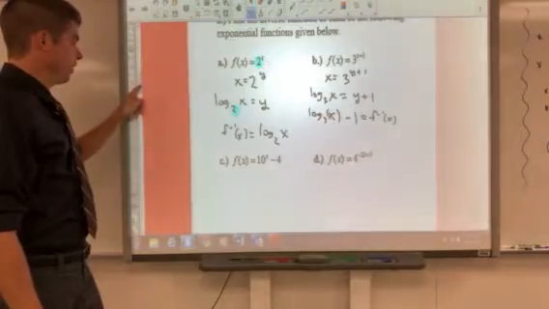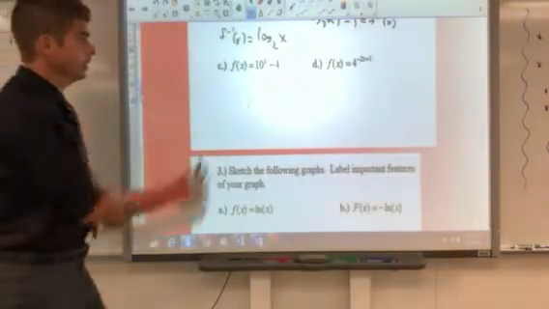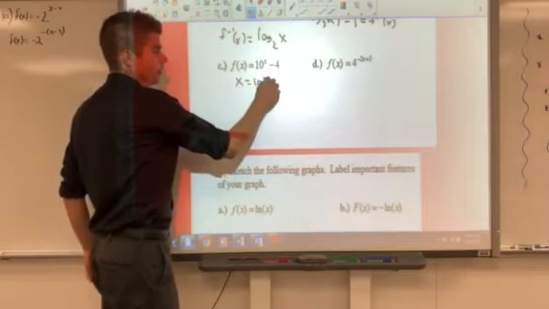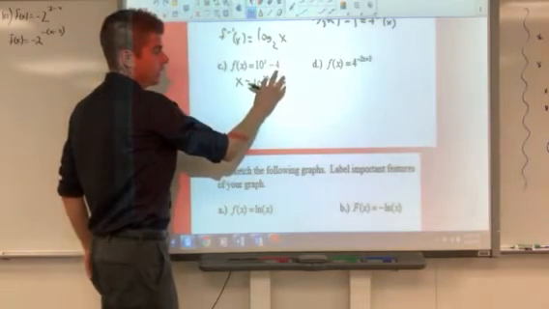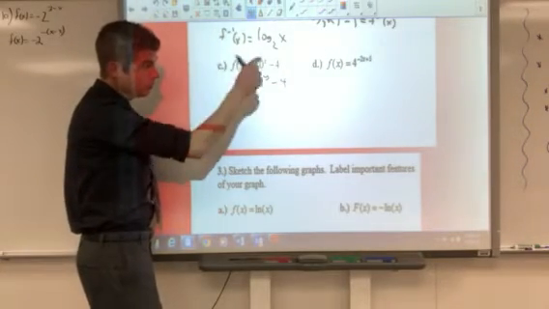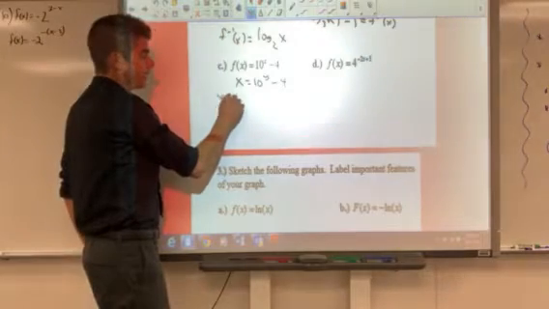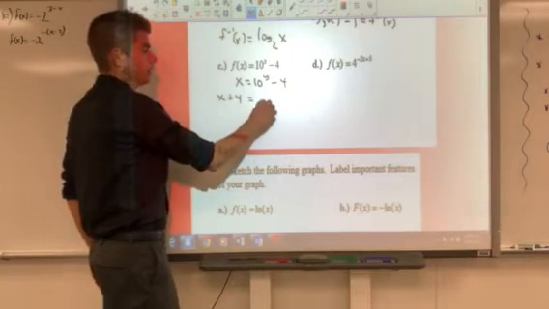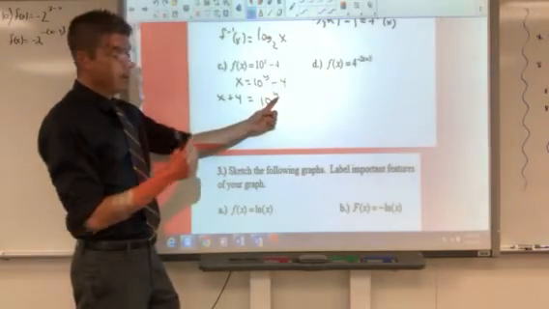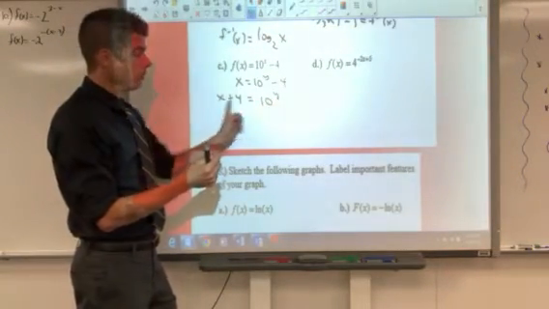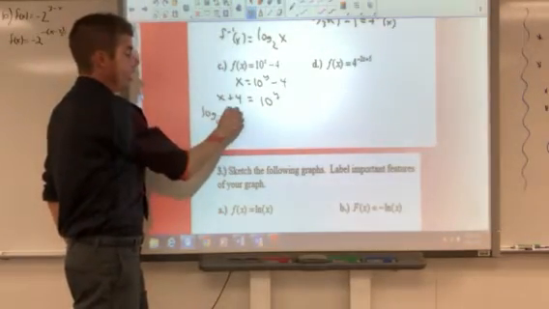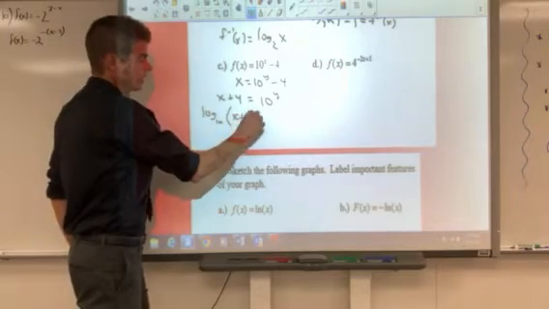Now, if your value is outside the exponent, like minus 4, when you do your change of variable, because that minus 4 is outside the exponent, I need to add it over to the other side first before I do the log of both sides. So it would be x plus 4 equals 10 to the y. Now that I've got that isolated, so to speak, I can log both sides, and it'll be base 10. And log base 10 of the entire expression, x plus 4.